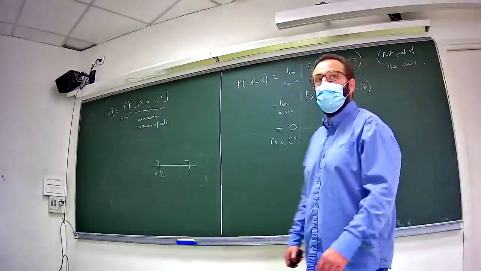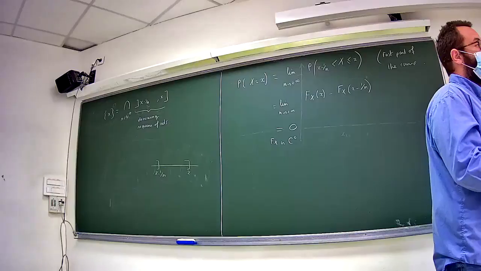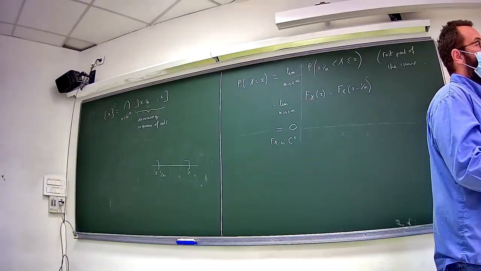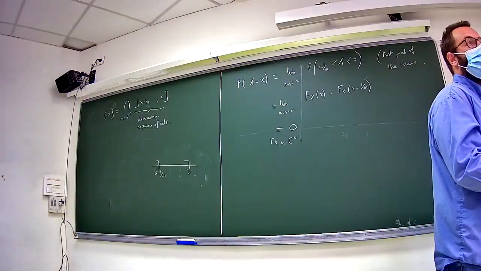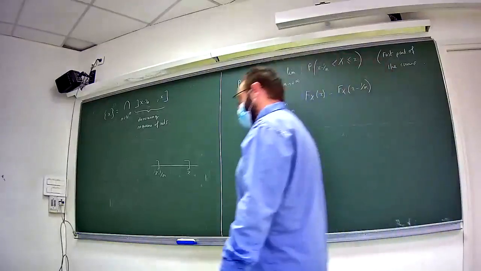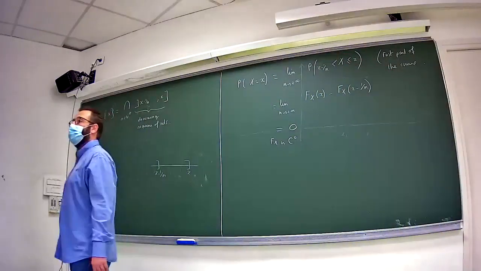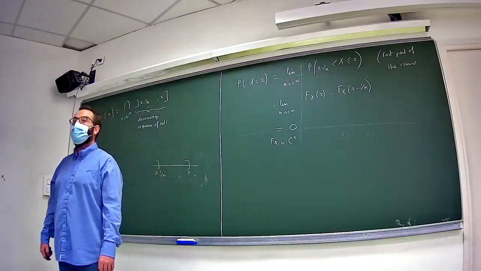Because the probability that x is equal to b is equal to 0, I have the equality between both. And here, I have the probability that x is equal to a and the probability that x is equal to b, which is 0, and so I have the equality between these two. So it means that when you have to compute the probability that x belongs to an interval in the continuous case, you don't mind about the bounds of the interval.